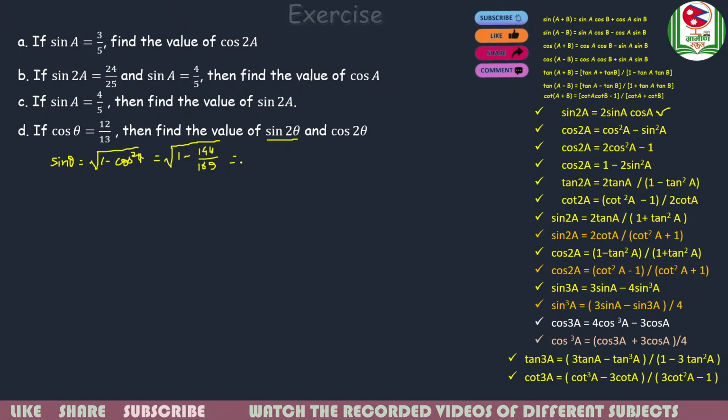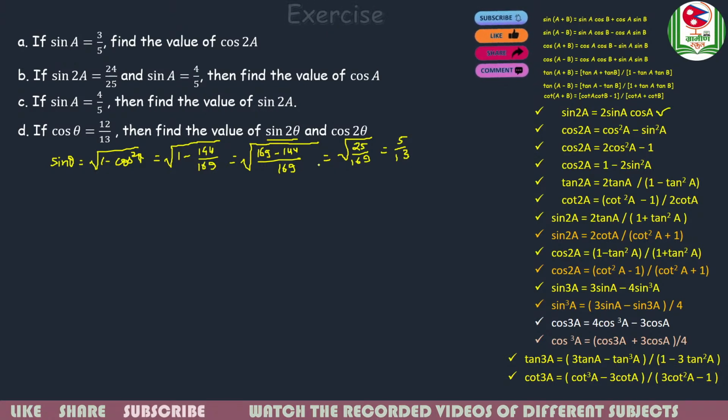So it is root under 169 minus 144 by 169, and it is going to be root under 25 upon 169. The result is 5 by 13. Okay, so sin theta is 5 by 13.